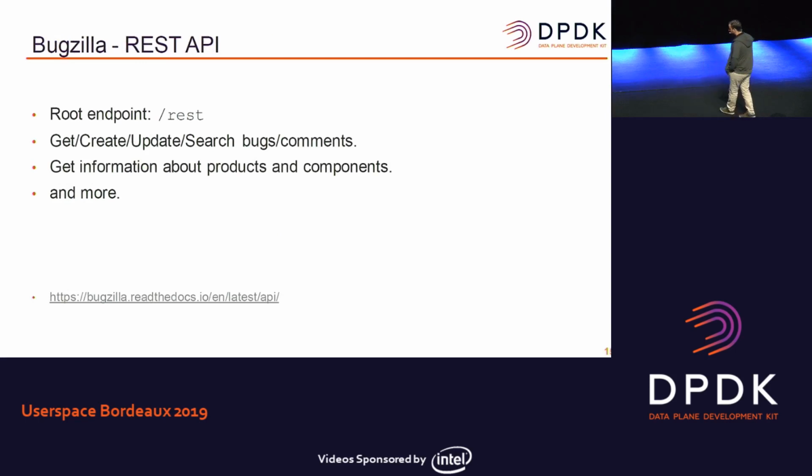So Bugzilla has multiple APIs that you can use for external integration. There's XML-RPC, JSON-RPC. The recommended one to use is the native REST API, which has the root endpoint of /rest.